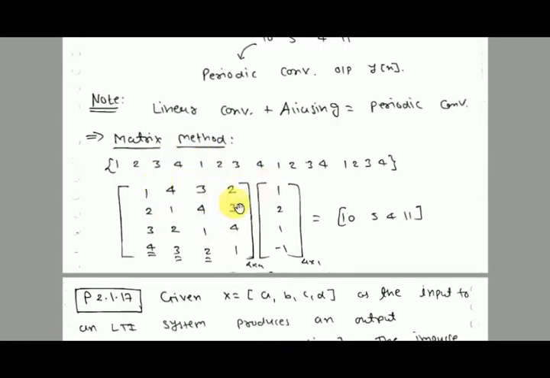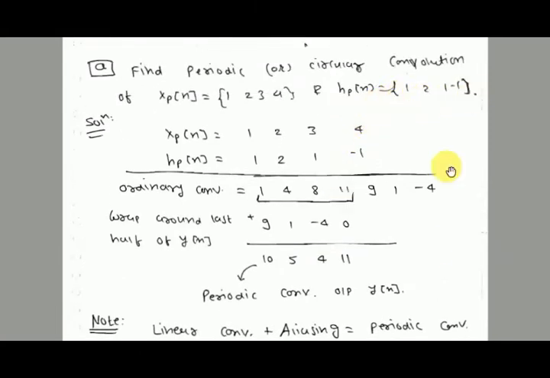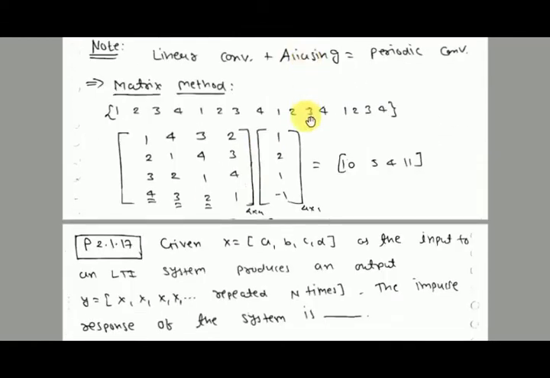So how much rotation you have to do? It depends on h of n or second signal. If second signal consists 4 number of samples, so you have to take 4 columns, so that the multiplication will be justified.